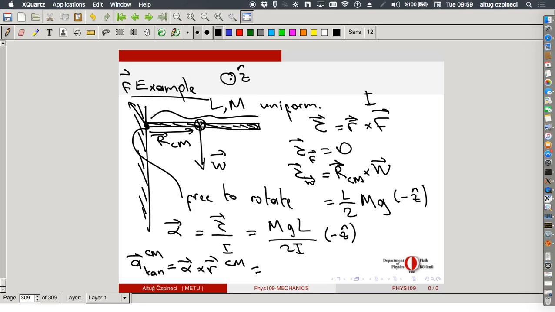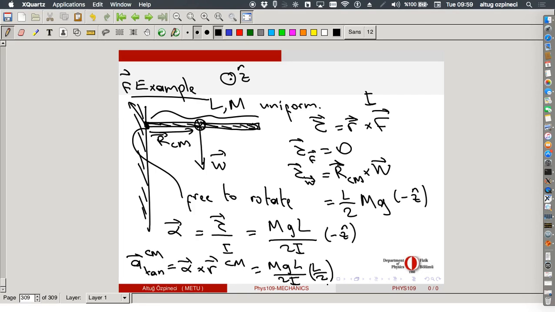Now we can write the magnitude, which is the product of the magnitudes: mgL over 2I, and our center of mass position has a magnitude L over 2. The angle between the two vectors, alpha and r, is still 90 degrees. Sine of 90 is 1. And what is the direction of alpha cross r?